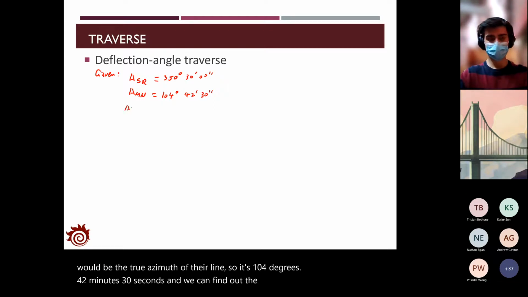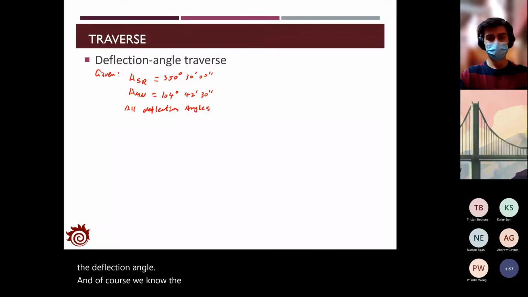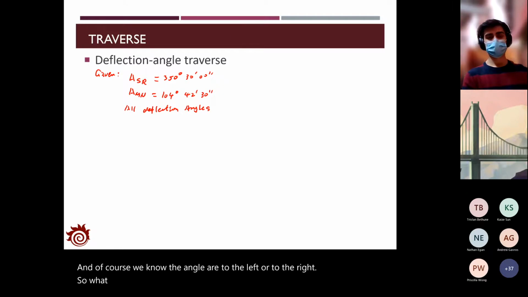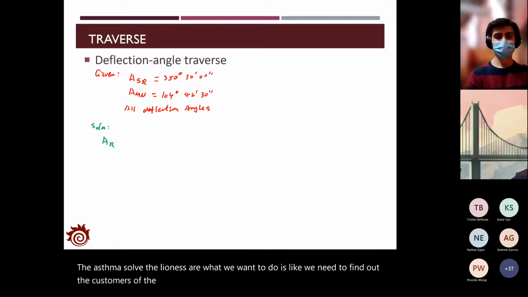We know all the deflection angles. And of course, we know the angle to the left or to the right. So what we do is, we know the azimuth of the line SR. What we want to do is find out the azimuth of the line R to T, which would be the line next to the SR.